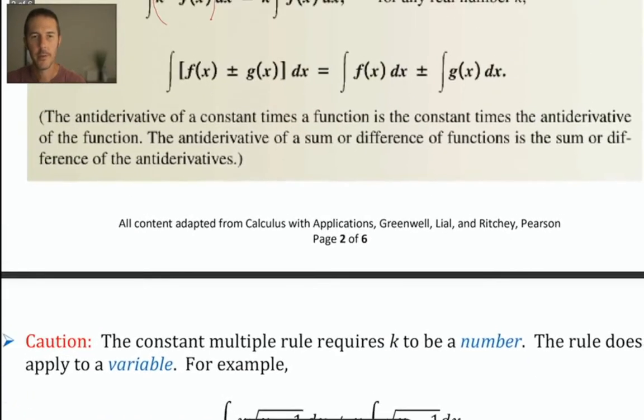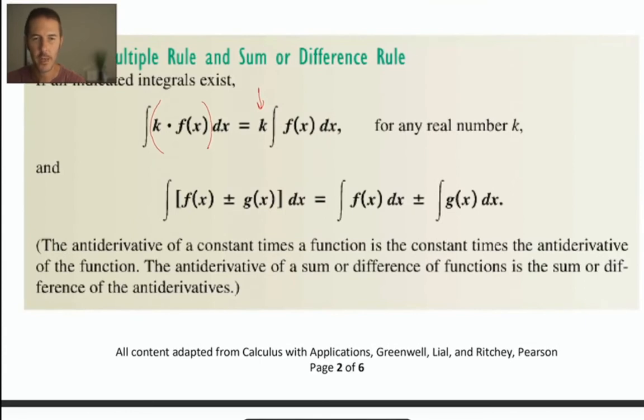Now, let's go back here for a second. This k value that's being factored out of the integration process has to be a number. It can't be a variable. It could be like a lowercase a that's representing a constant value.